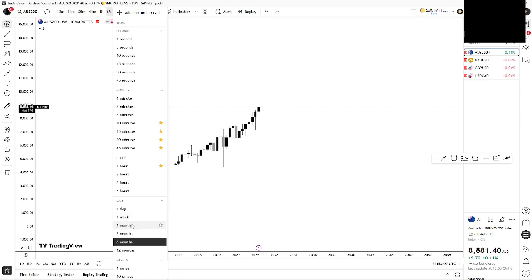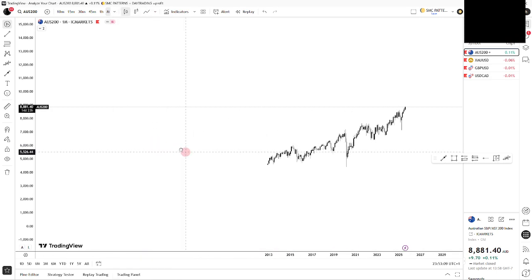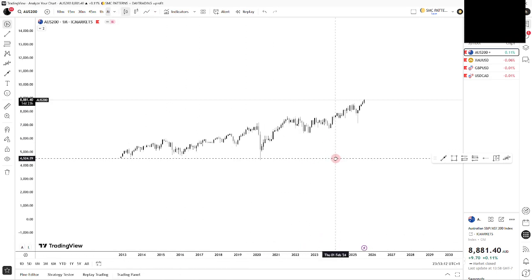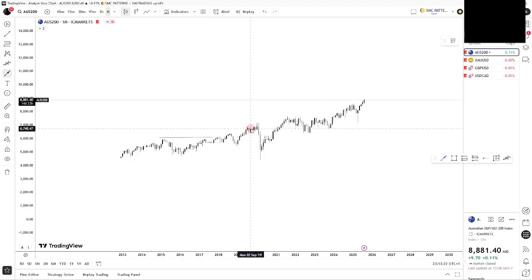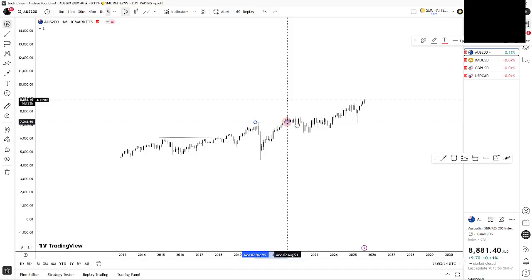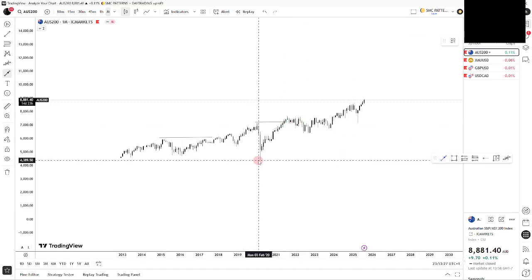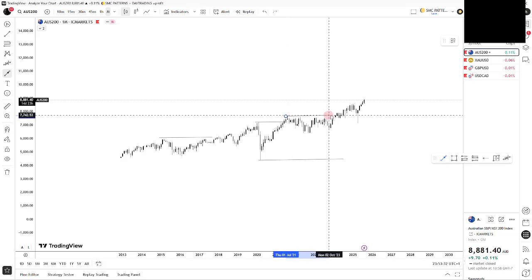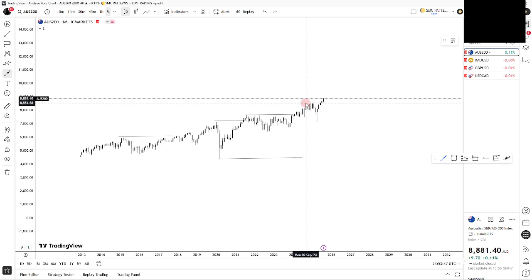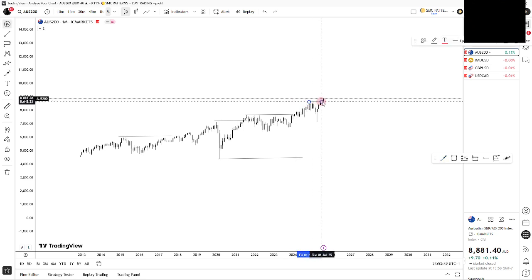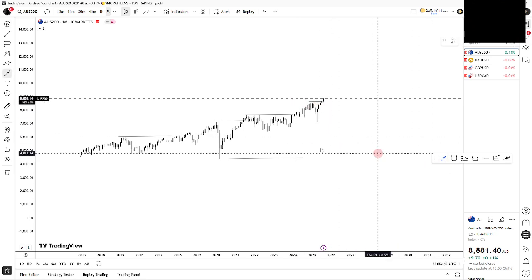If you come to your monthly time frame, you can see that the overall is bullish, right? Now we can start drawing break of structure, break of structure, break of structure, break of structure, measure.